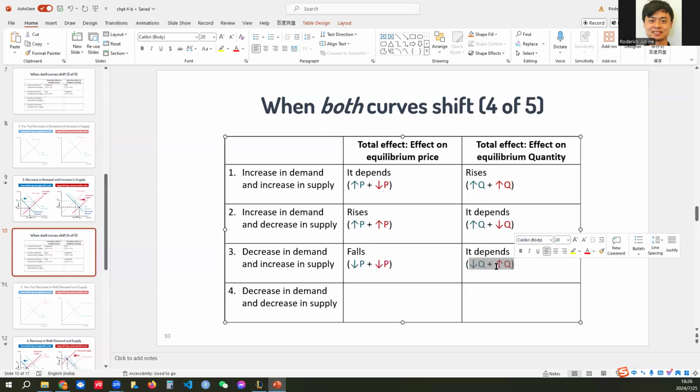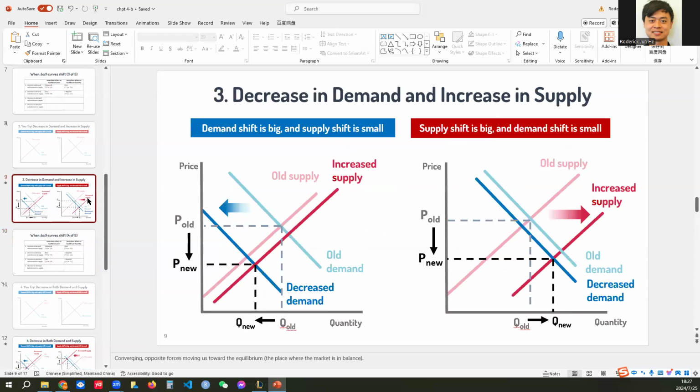But in one case, quantity decreases, in another case, quantity increases. Then for sure, the new equilibrium price will be lower. It is ambiguous which shift is of a greater magnitude that actually determines whether the new equilibrium quantity is greater than the original equilibrium quantity.